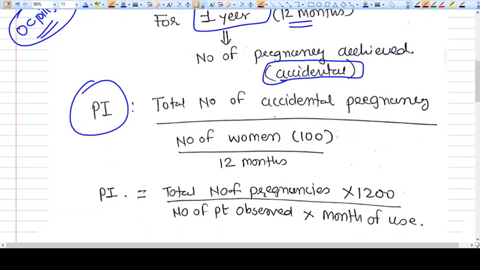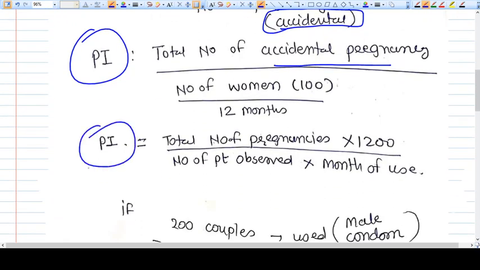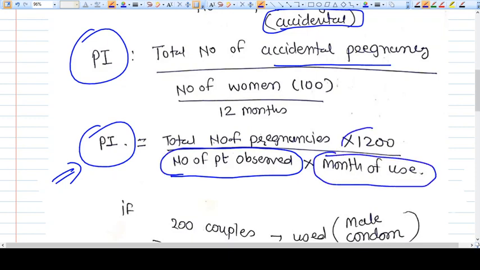Total number of accidental pregnancies in 100 women in 12 months. So the Pearl index formula will be total number of pregnancies into 1200, divided by number of patients observed and months of use. Now this 1200 comes because we are now using the month of use, and instead of 100 women we are now observing not 100 women, maybe more, maybe less.